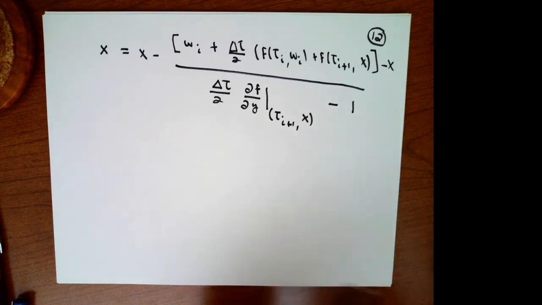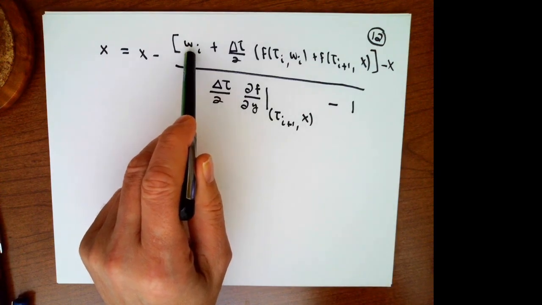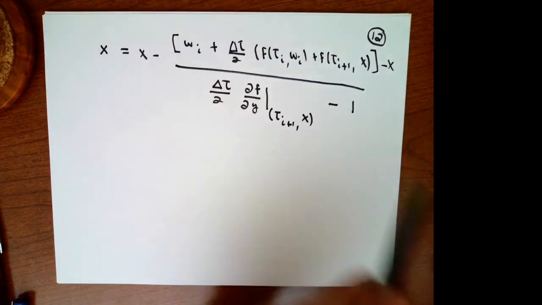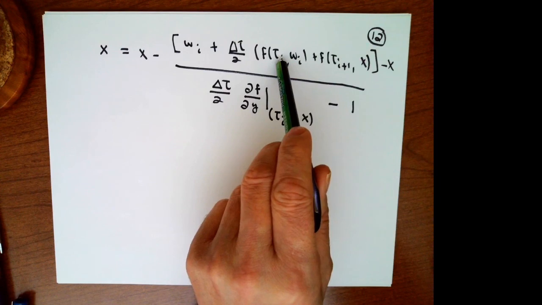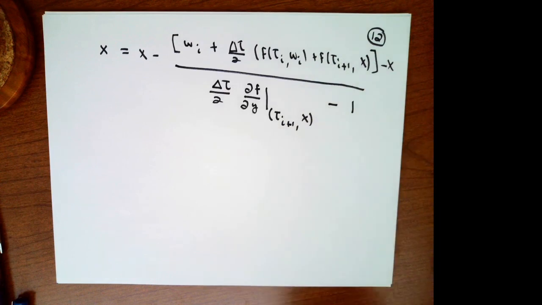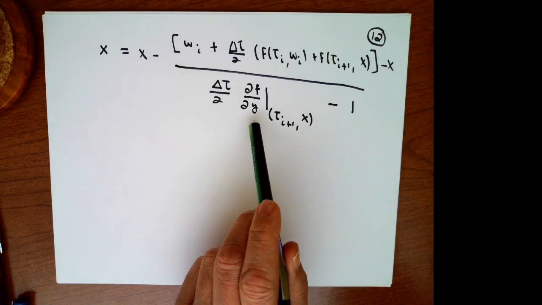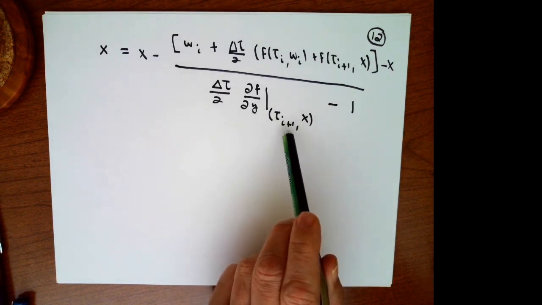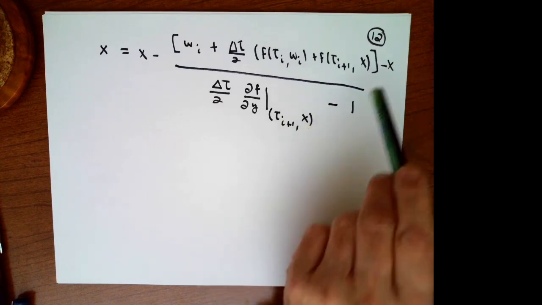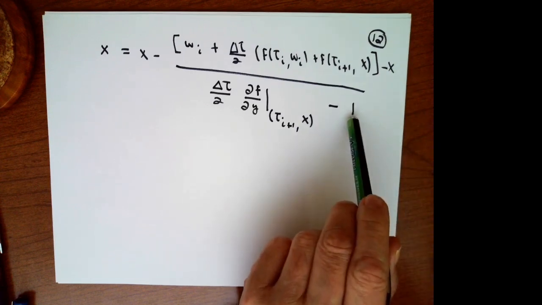The derivative of that, for this term, the derivative will be 0 because that's a constant, plus a constant factor, delta t over 2, times, this is a constant because it doesn't have any x in it. We've already talked about what we mean by the derivative of that term. That would be the partial of f with respect to y, evaluated at ti plus 1, comma, the current x estimate that we have, minus the derivative of x with respect to x is 1.